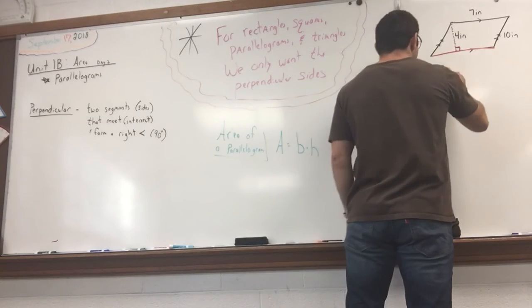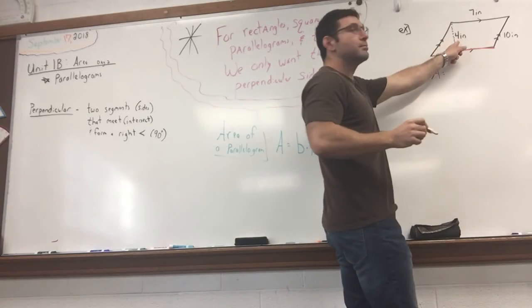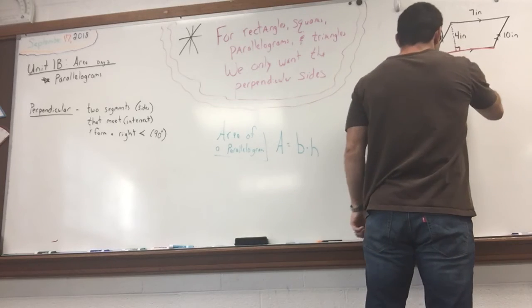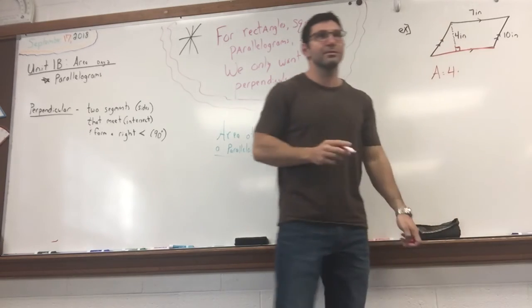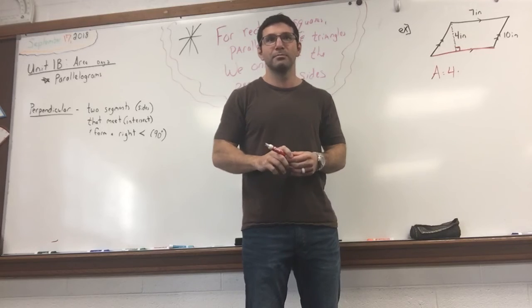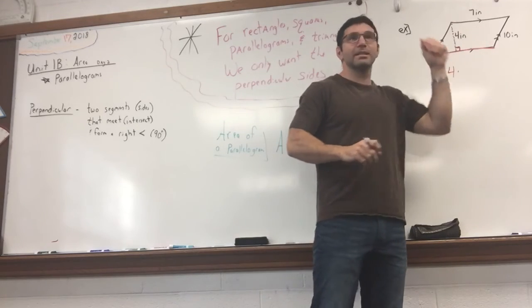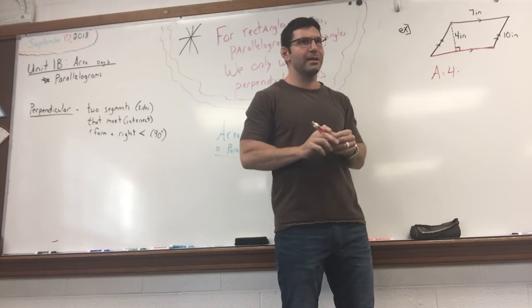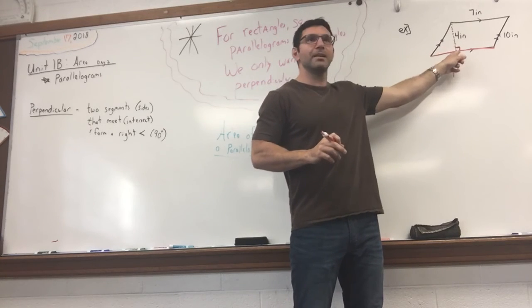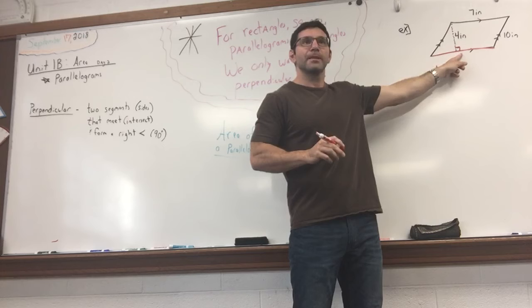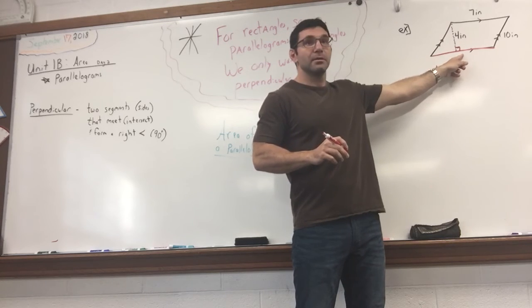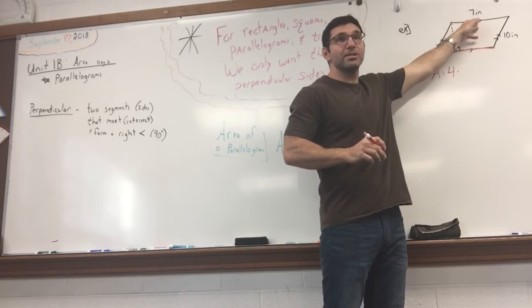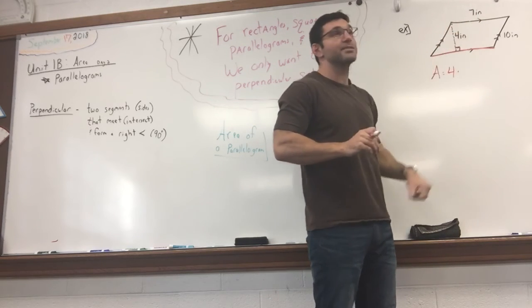So I'm going to say area equals. Well, one of them is touching this 4 inches, so I know it's going to be 4 times. But wait a minute, we've got a problem. Is there a measurement at the base or at the bottom of this figure? No. So Renee, how will I find the measurement of this one? Yeah, it's the 7 inches because in a parallelogram, opposite sides are congruent.